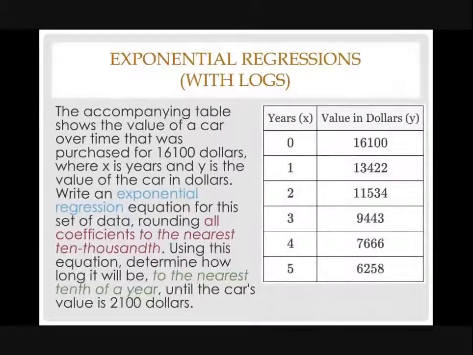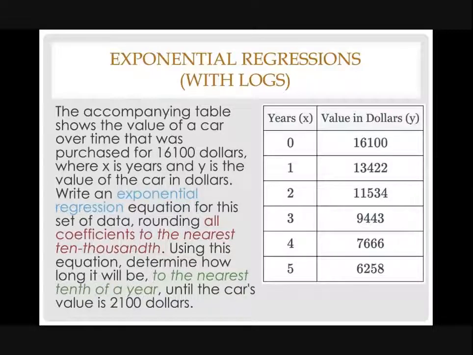Okay, so now exponential regressions with logs. Again, we have to figure out the following problem. A car was purchased for $16,100. X represents the number of years, and Y is the value of the car in dollars. Most cars, unless it's a classic, depreciate with age as soon as you drive it off the lot.